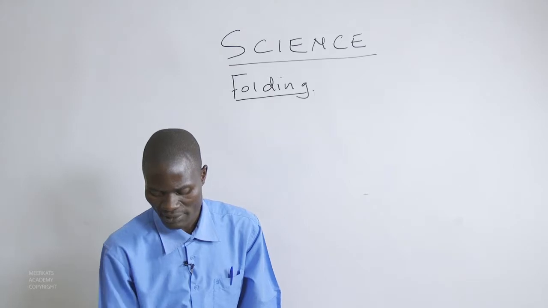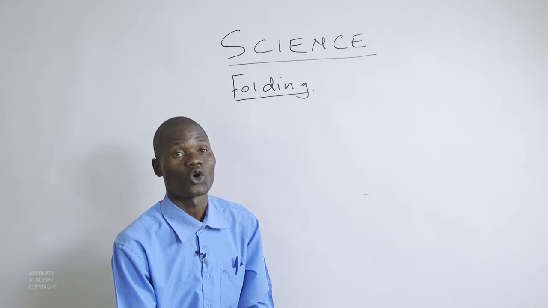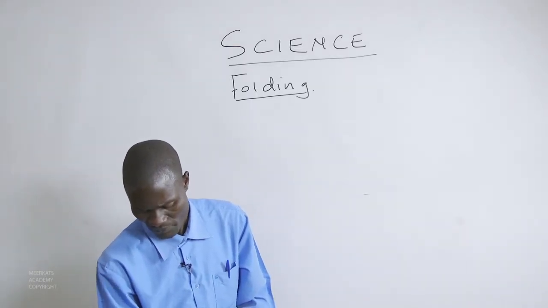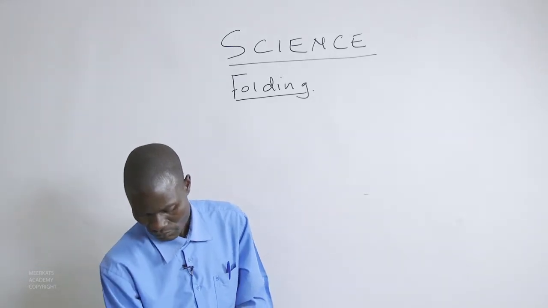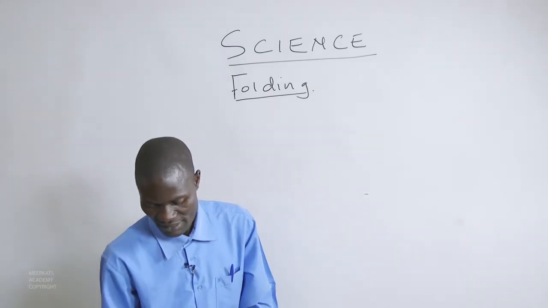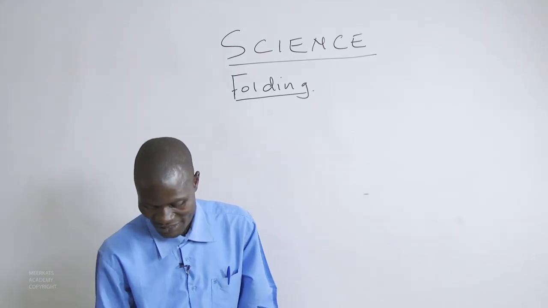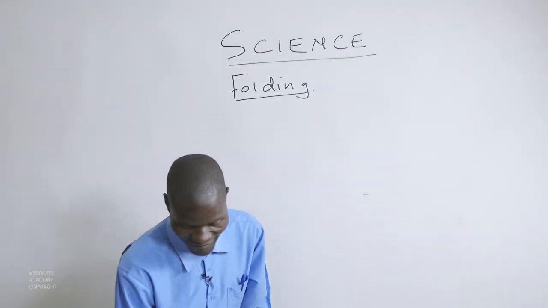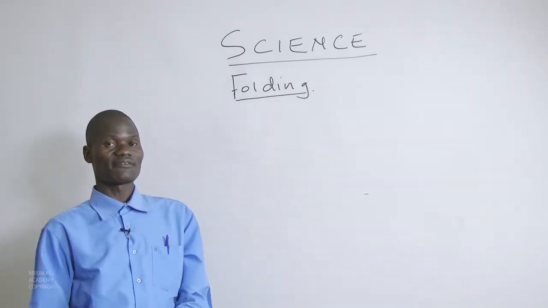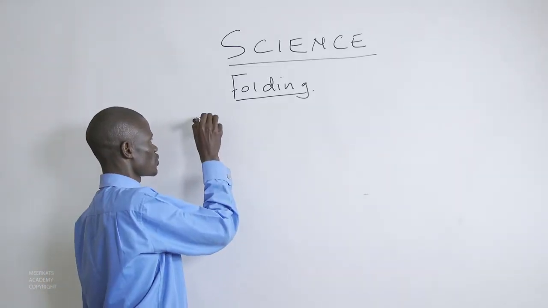It is also one of the activities that take place on the earth crust, and as a result of that, we'll find various features that may result from folding. Then what is folding? Folding simply refers to the bending or crumbling of the crust or rocks.